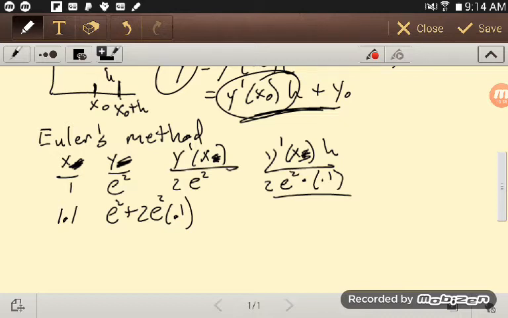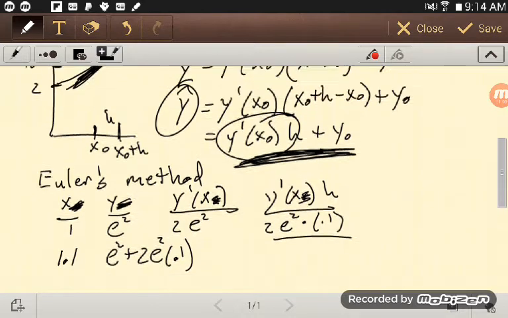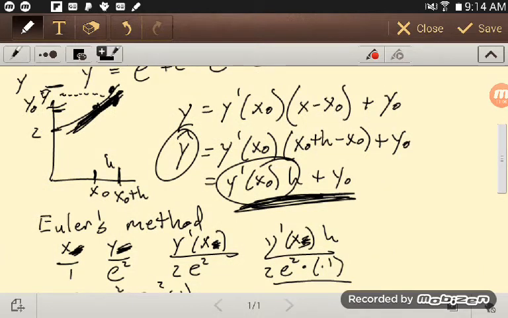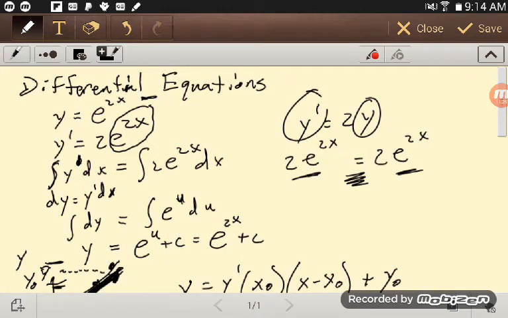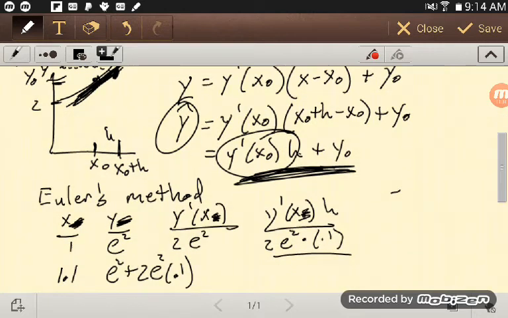But you see, once I've done that, all I did was use my tangent line formula. There is the formula for the tangent line always. And so I just took that step size, 0.1, and figured out the derivative. Well, how did I get that derivative? I just went back to my derivative there, 2e to the 2x, and so x was 1, so I had my 2e to the 2.